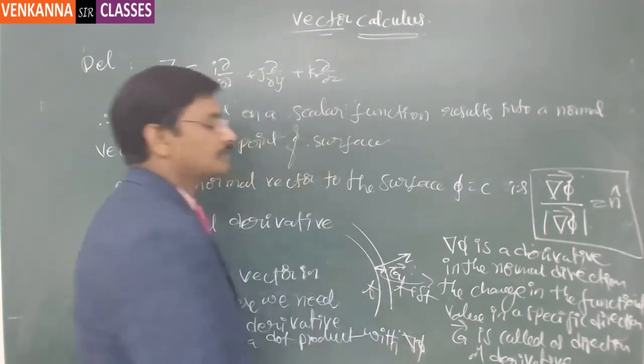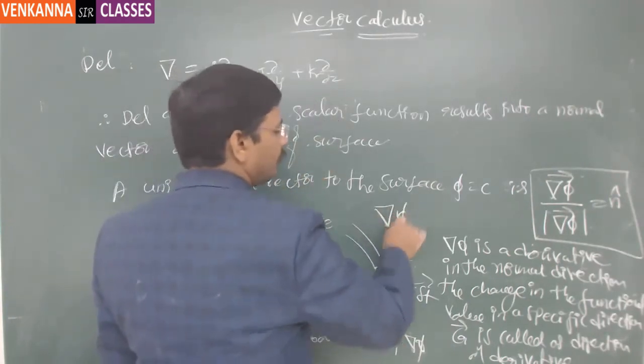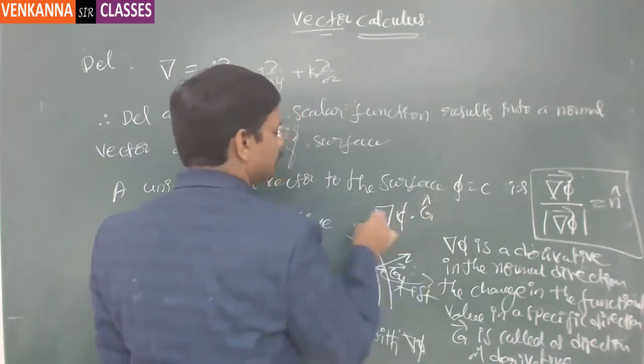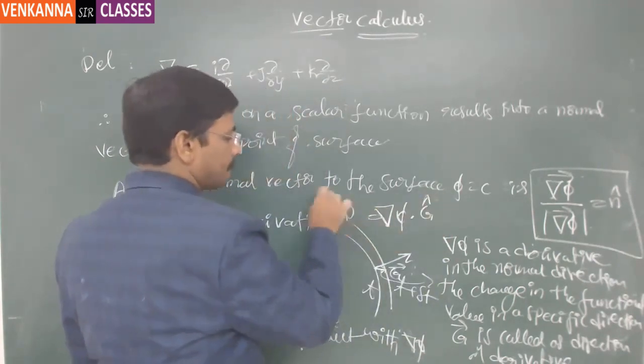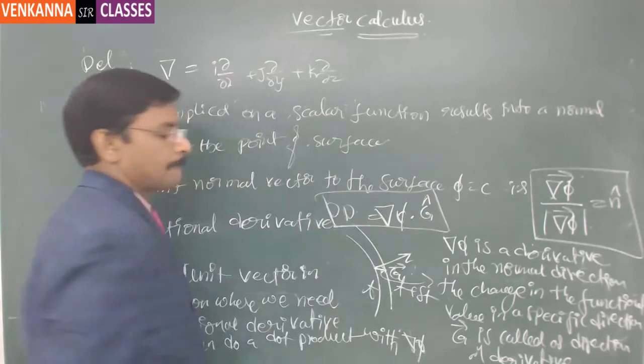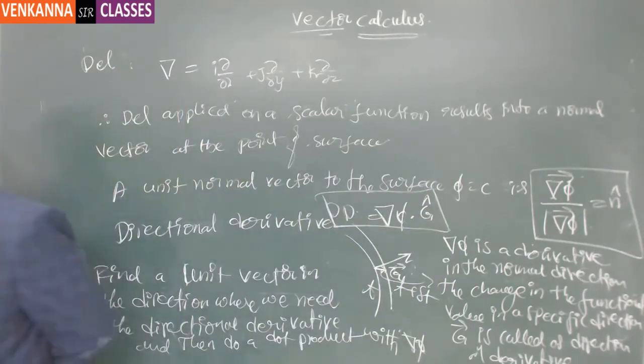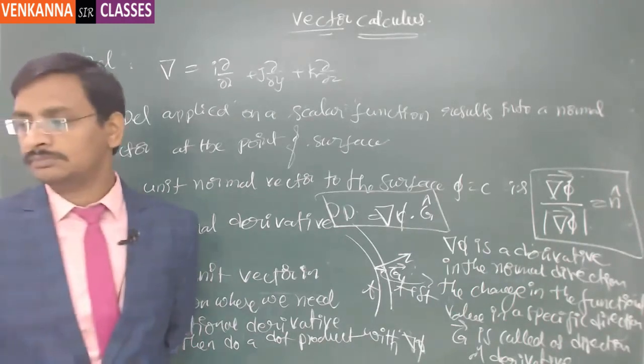So this is the directional derivative. That means del phi dot g cap is the directional derivative. Got it? Understood? Any questions?